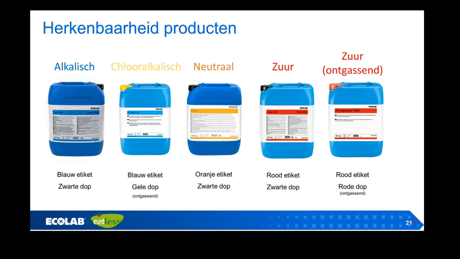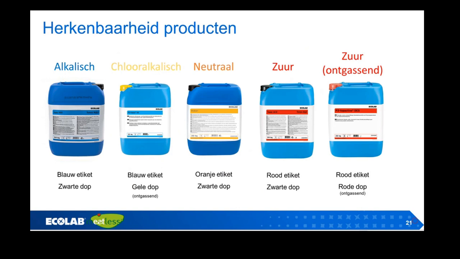So we have the alkaline product that has a blue label. You can recognize it by the blue label. Chloralkaline also has a blue label. Then you have the neutral products, which you can recognize by the orange label. And then you have acid, which you can recognize by the red label.